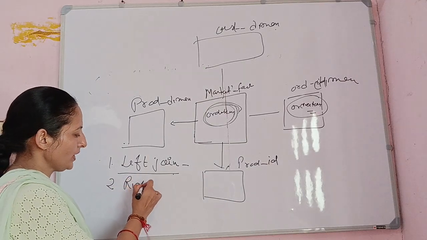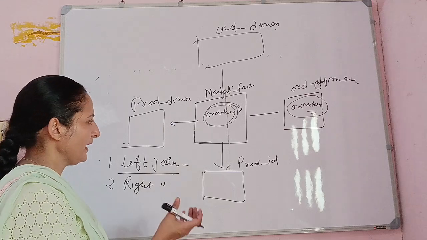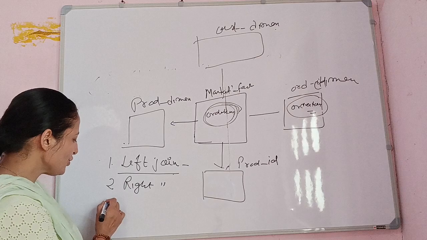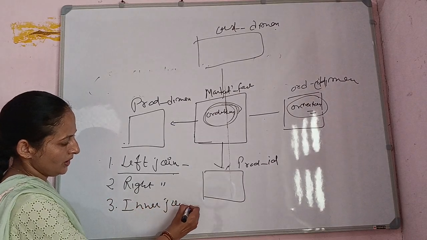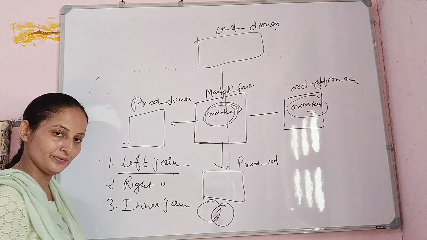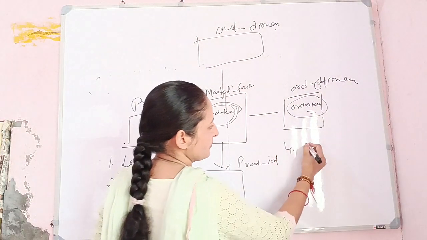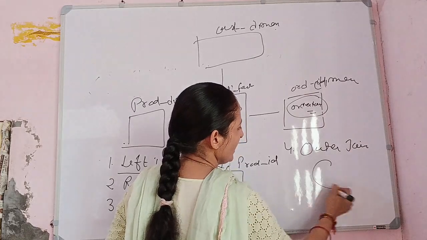A right join will have all the elements of the right table and few which are common with the left table. An inner join will have common elements of both tables. Another one is outer join. An outer join will have all the elements of both the tables, like this.